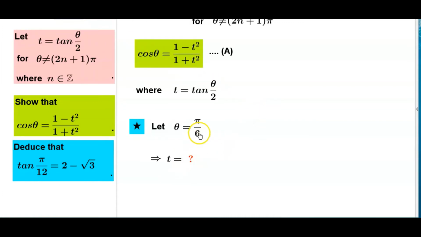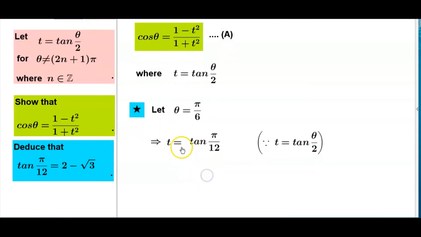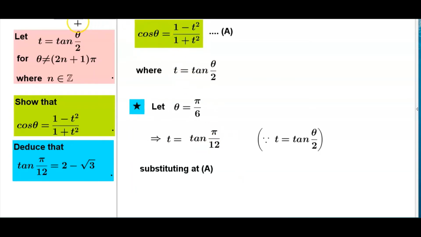If theta is pi by 6, what is t? t is equal to tan theta by 2, therefore t is equal to tan pi by 12. Now we substitute t equal to tan pi by 12 in this equation.